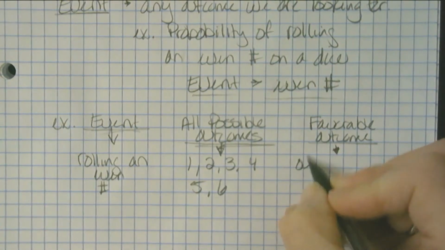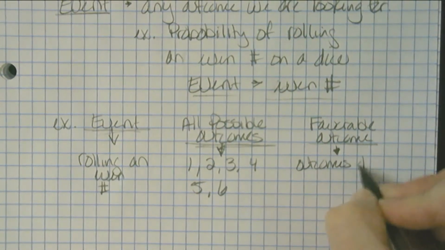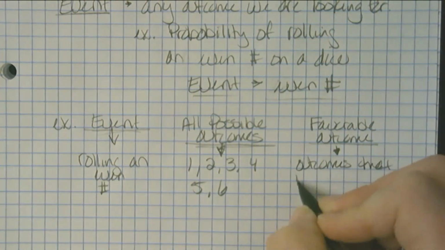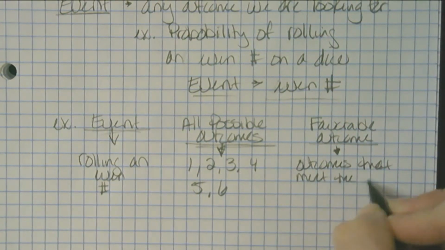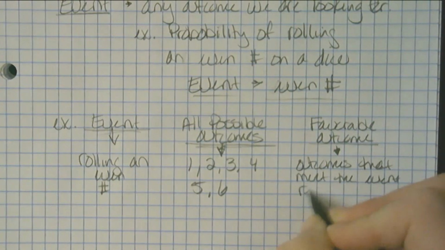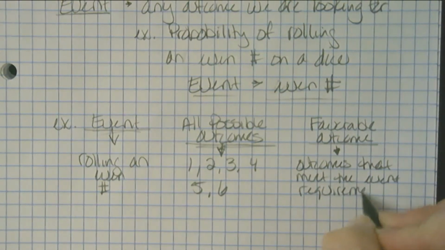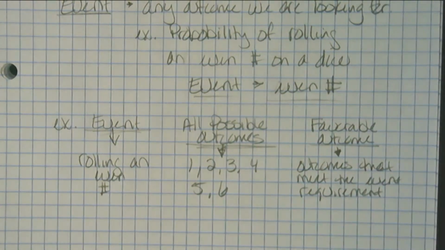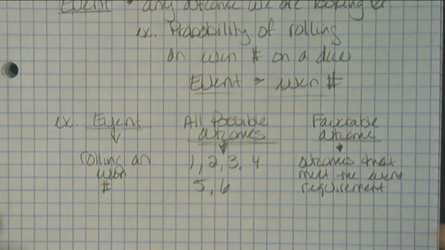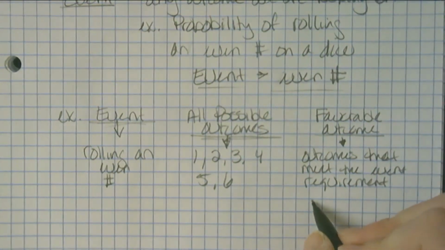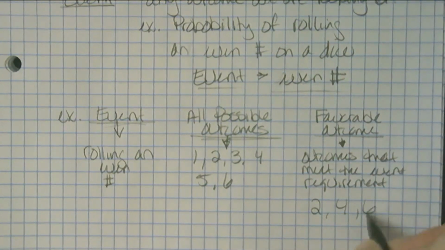So in our example, what are my favorable outcomes from all these possible outcomes? Matthew? 2, 4, and 6.